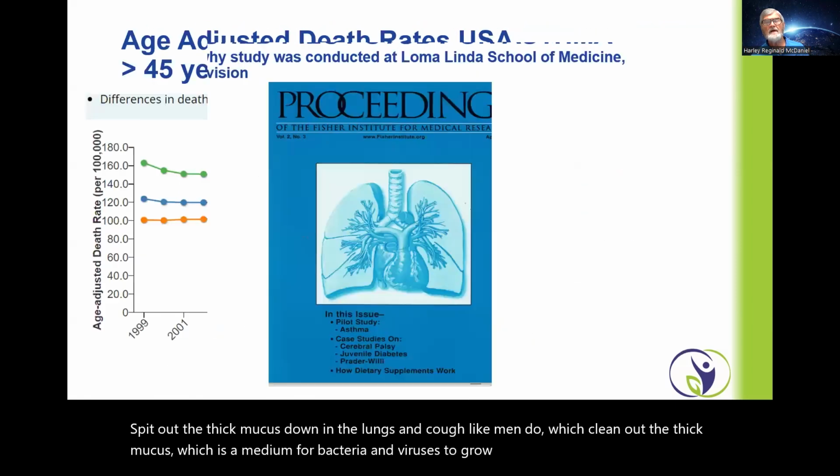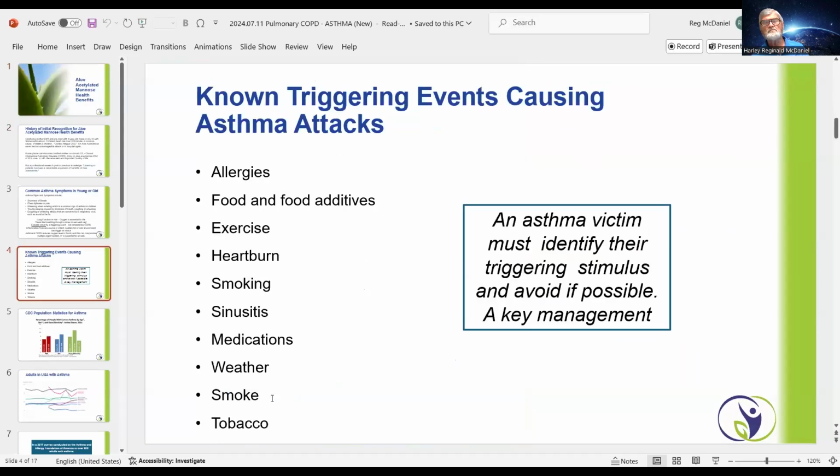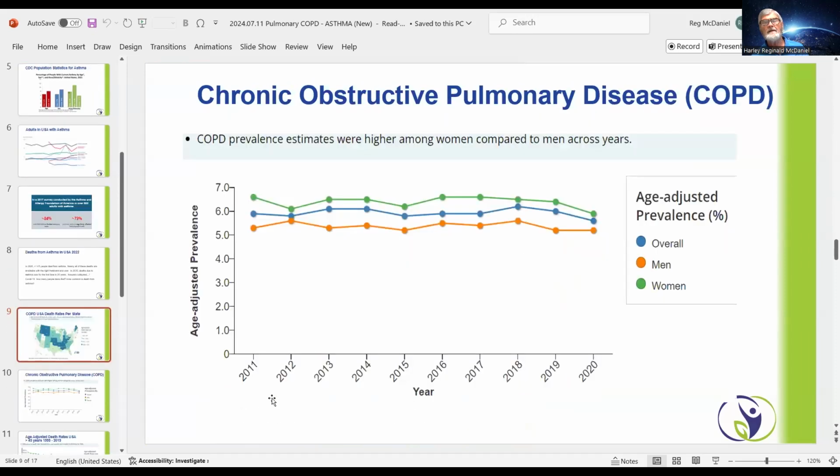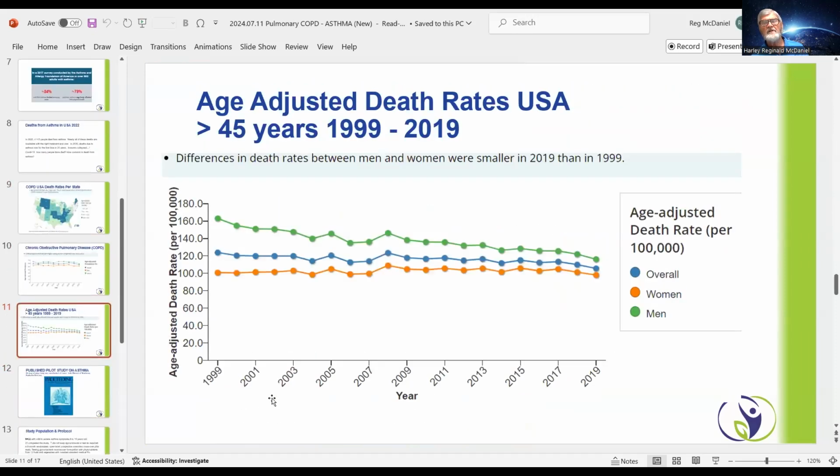Now, these are the age-adjusted death rates per 100,000, and you can see that men die from obstructive lung disease more than women do, and the blue is the average regardless of sex.